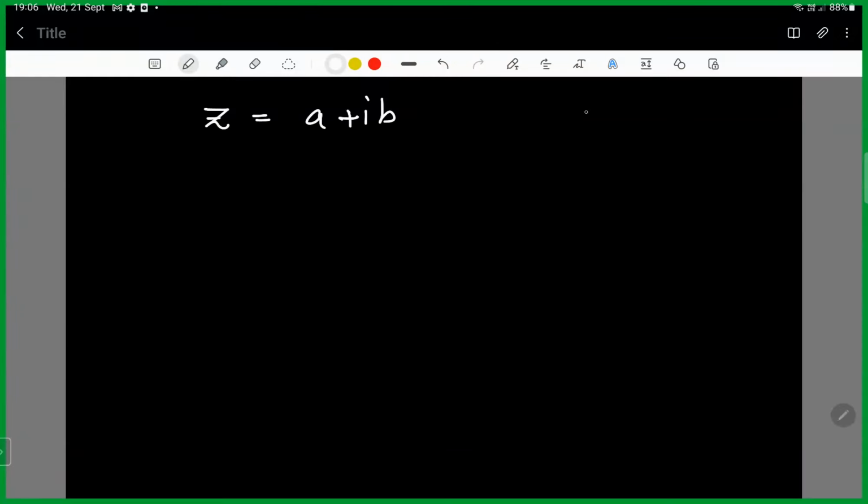What's the geometrical meaning? Shreya? Gulshal, what's the geometrical meaning of x plus iota y? Okay, leave it.